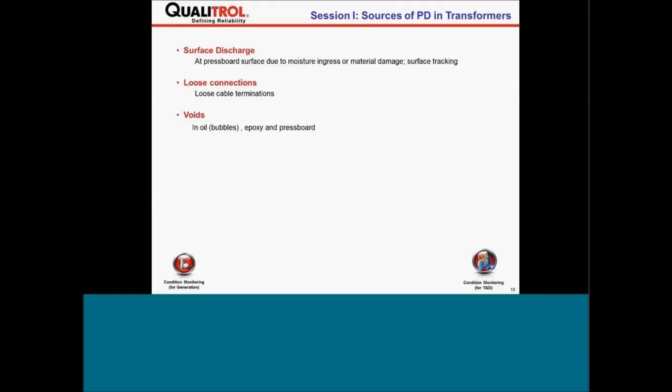This leads to surface tracking, loose cable connections, terminations, and voids, air bubbles in the oil, or in any epoxy or pressboard. These will also discharge. So we're looking for basically a technique which will be able to detect all of these types of defects.